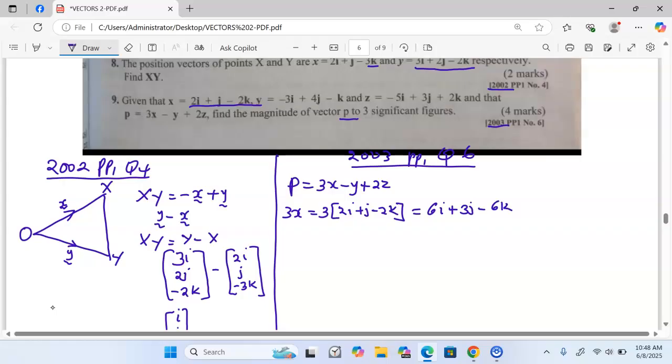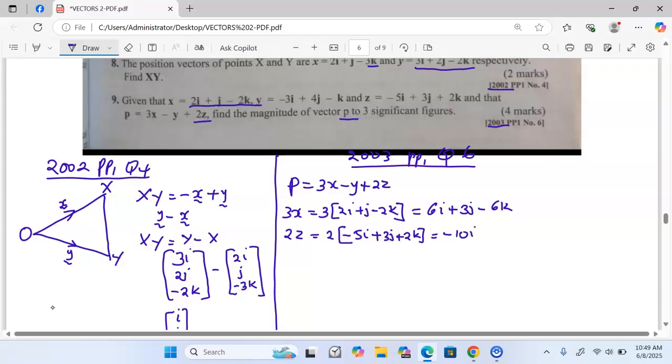Then we get twice z. Twice z will give us twice into the coordinates of z, which would be 5i, then 3j positive, and 2k. And when you multiply, you get 10i.